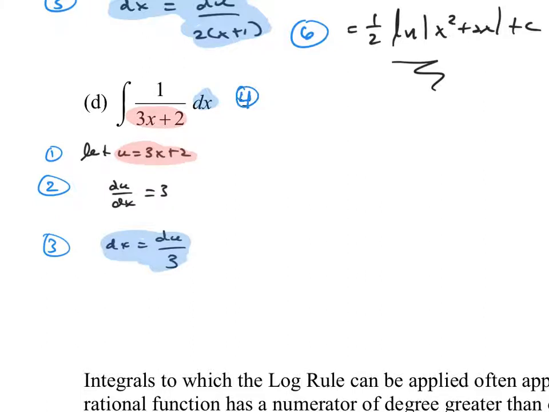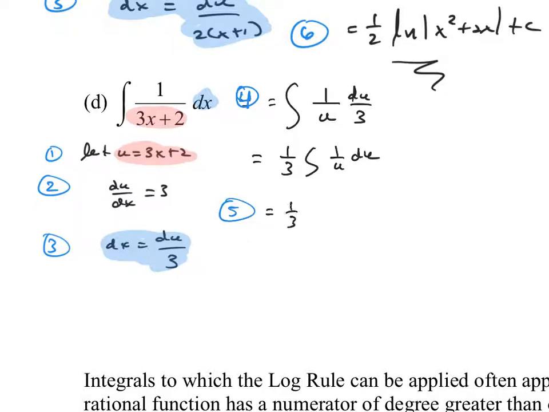So when I rewrite this integral, this is step 4. This would turn into the integral of 1 over, instead of 3x plus 2, that's u. Instead of dx, I have du over 3. I notice that my constant multiple here is 1/3, so I pull that out. So now I have 1/3 times the integral of 1 over u du. That's easy enough to integrate, so that's 1/3 times the natural log of the absolute value of u plus c.